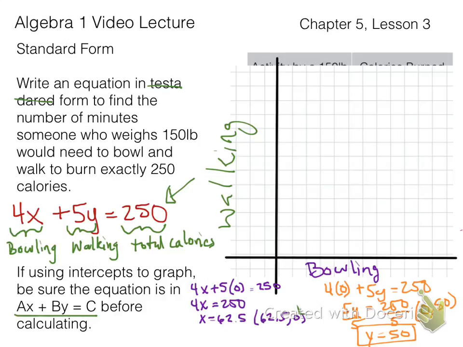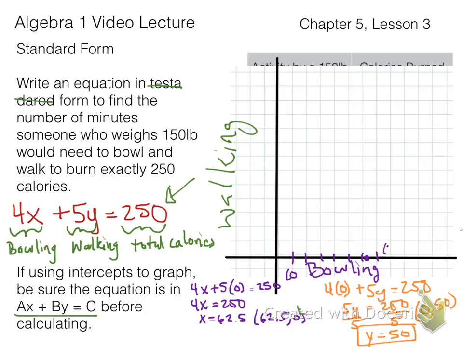All right, so let's go ahead and graph the x-intercept. If I'm going to do this by tens, it's 10, 20, 30, 40, 50, 60, 70. This is going to be as close to an estimate as I can. There we go.